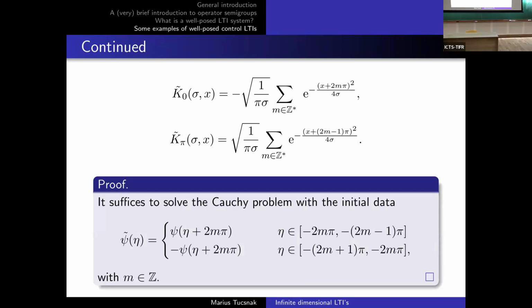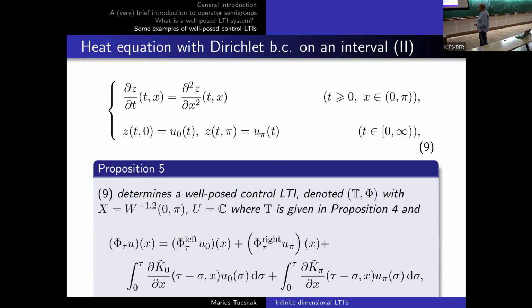And all this is converging in the Sobolev space W minus 1, 2 in a very good manner. So this is a formula which is important, even if it's very simple, and it's at the basis of what we will see on the reachable space of the heat equation.